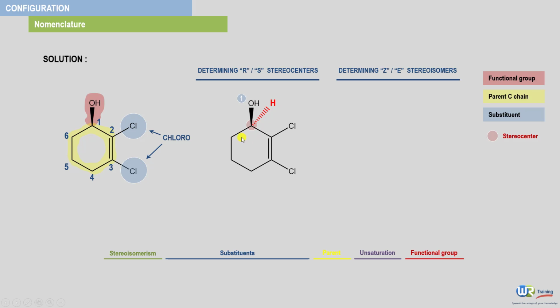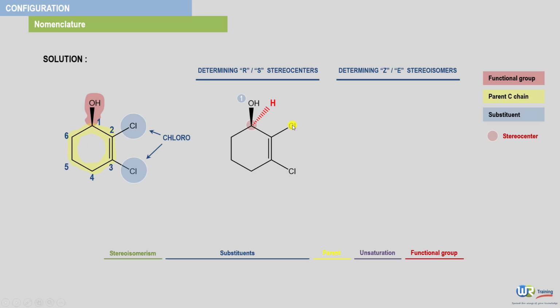And now we need to assign priorities to these two carbons. So we look further at the atoms connected to these two carbons. In this case here, we have a chlorine and 2 carbons because there is a double bond. And in this case here, we have 2 hydrogens and 1 carbon.